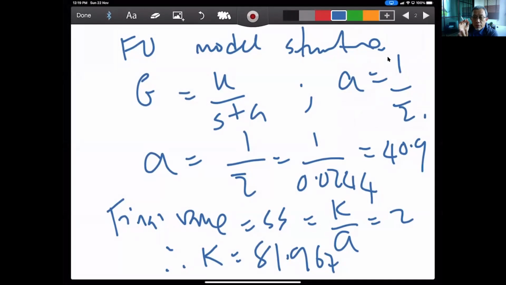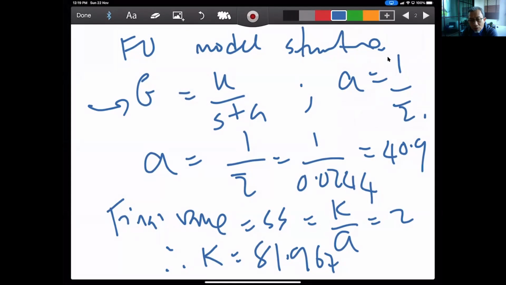Okay. So G is equal to K over S plus A. A is 1 over time constant, tau. So A is 1 over 0.0244, which will give you 40.9.